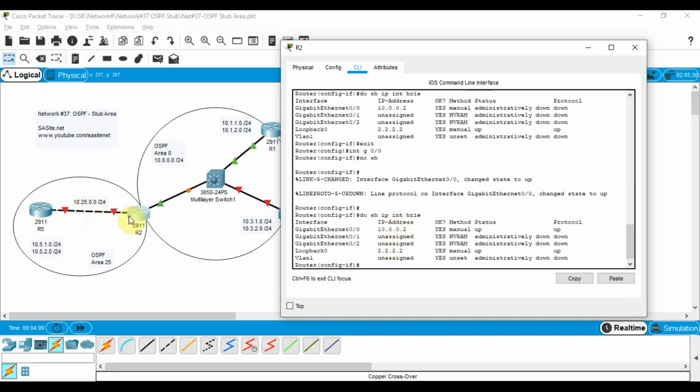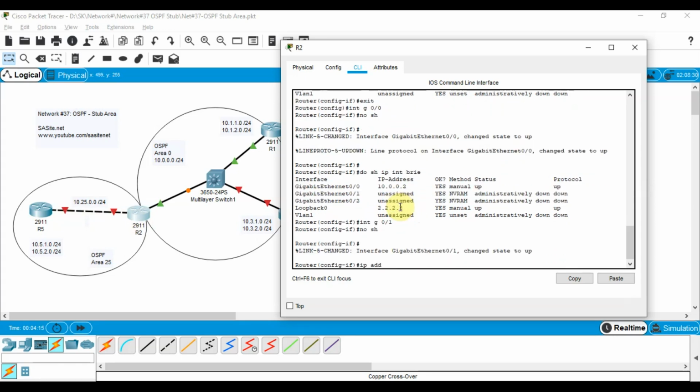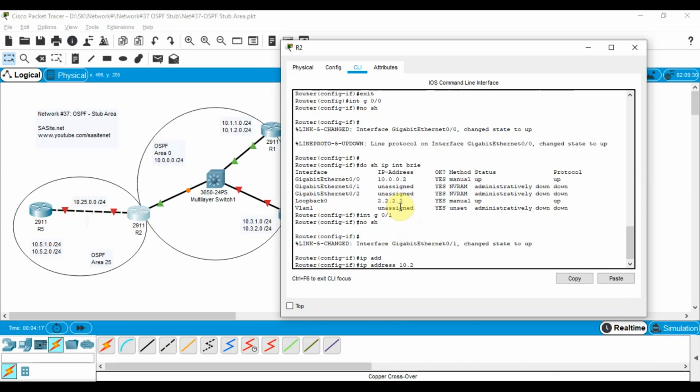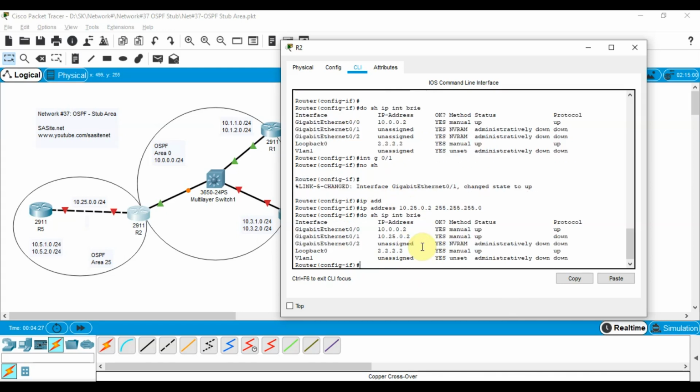We have one interface on this side, so interface gig 0/1, no shut. The IP address is 10.25.0.2. This interface is between R2 and R5, so we use 25. Do show ip interface brief, double check. Okay, everything is okay. Protocol is down because R5 is still down on the other side.